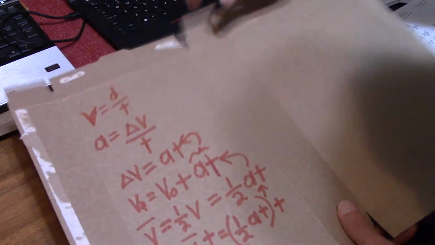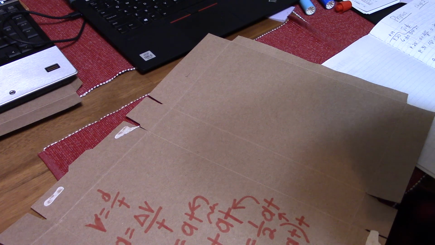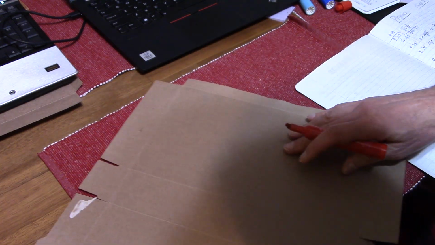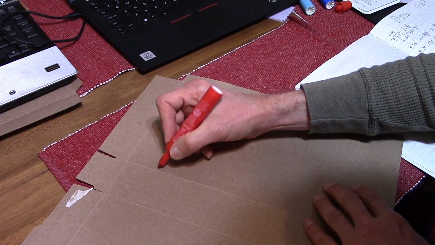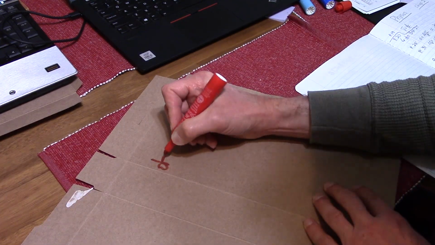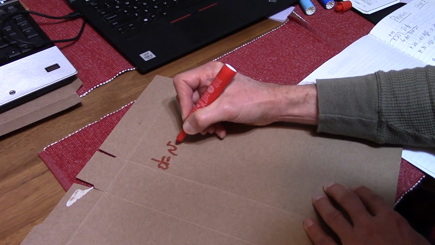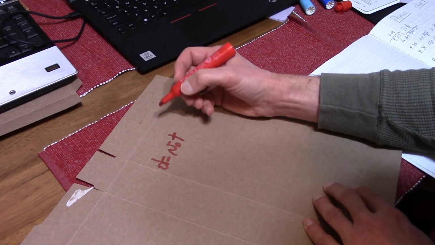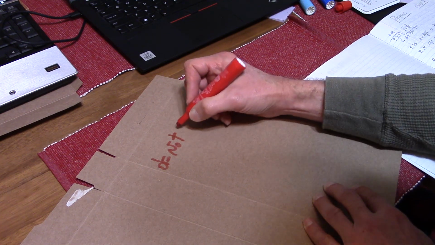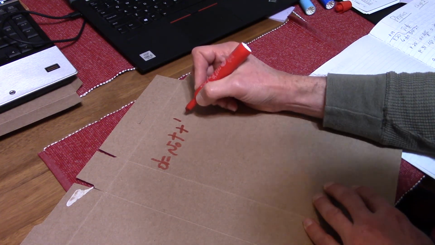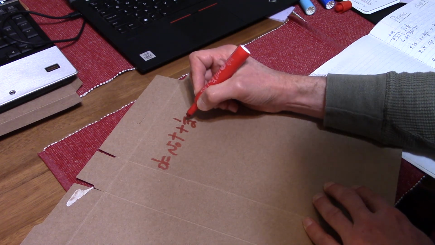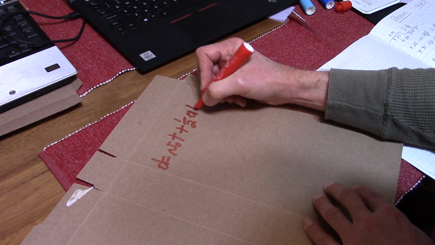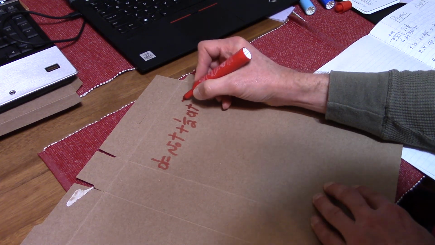Okay, now we're going to do one last one. If you're already moving, distance equals V0 times t plus 1/2 acceleration times your time squared.